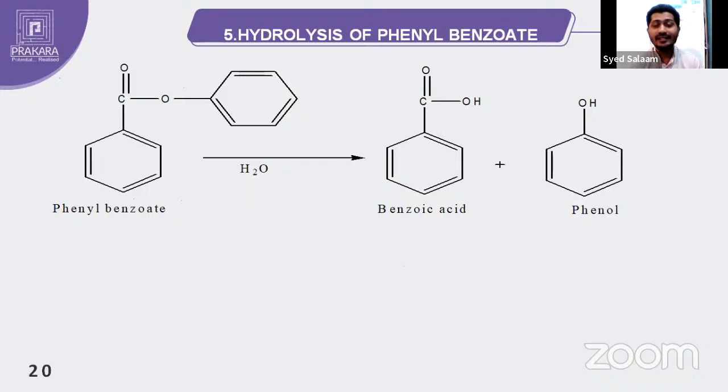Phenyl benzoate is the ester of benzoic acid. When this ester is treated with water, it is like the reverse of the esterification reaction. When you heat an ester, it forms an acid as well as an alcohol. So this phenyl benzoate on hydrolysis gives us a carboxylic acid, that is our benzoic acid, along with phenol.